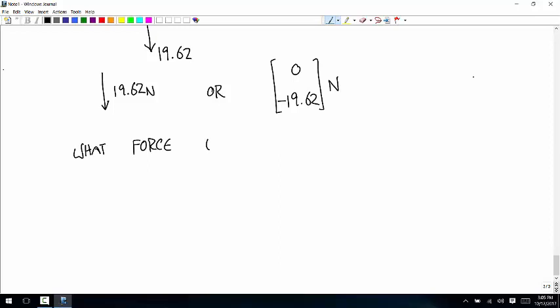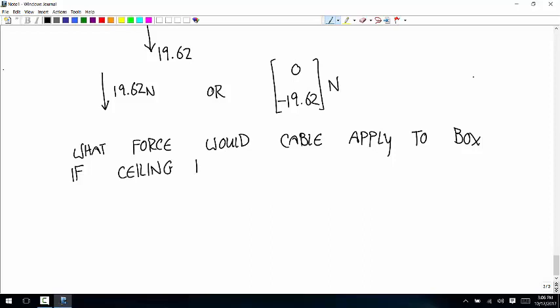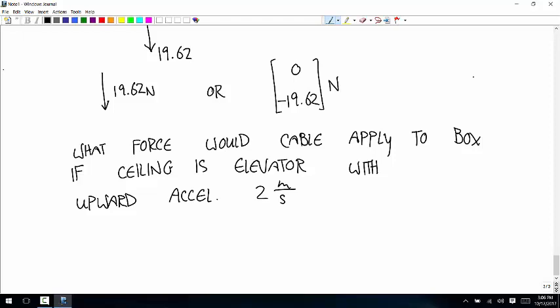So what force would the cable apply to the box? Imagine this ceiling being on an elevator that's accelerating upwards, with an upward acceleration of, let's say, 2 meters per second squared.